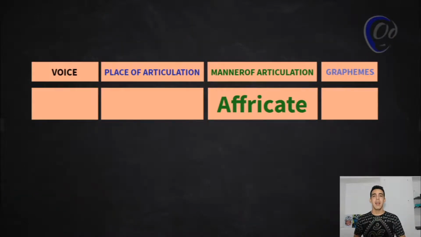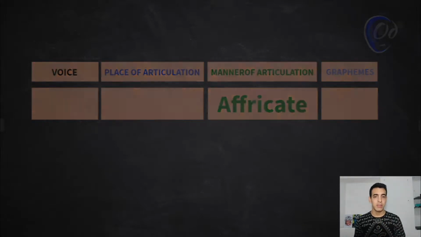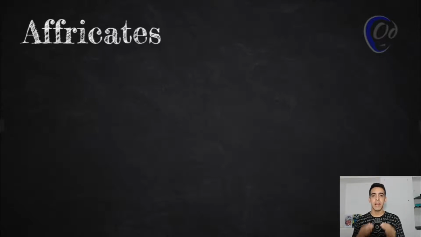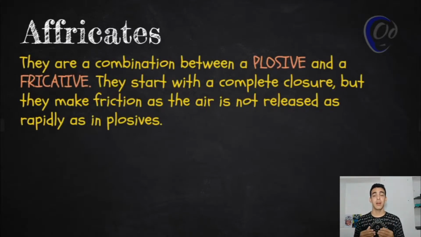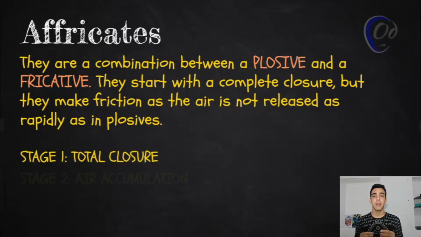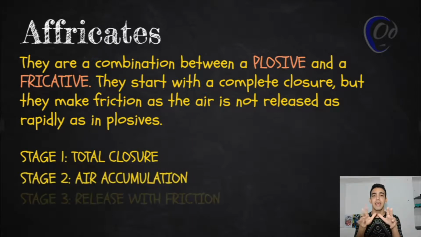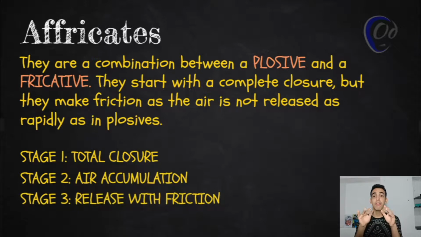After fricatives, we have affricate sounds. Affricate sounds are a combination of two previous sounds, a plosive and a fricative sound. Why do we say that they are a combination? Because they have the stages of the plosives, but in the final stage they take a little bit more time to produce a kind of hissing sound or friction.